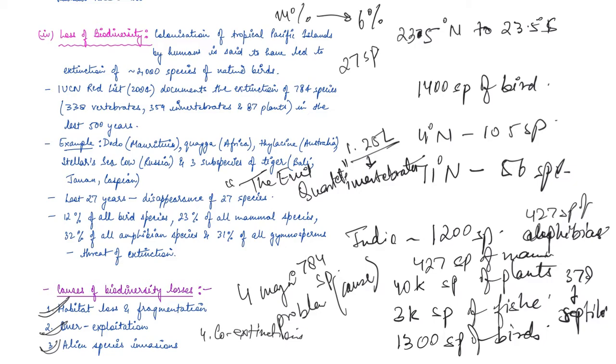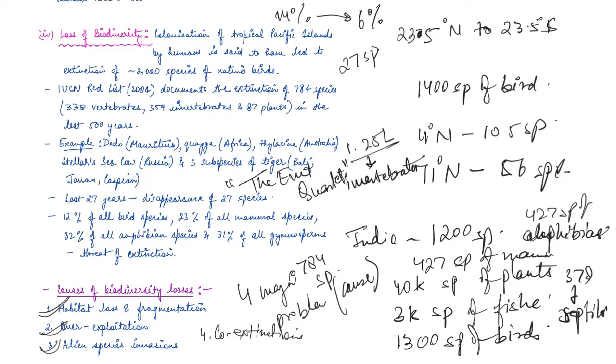So when a host fish species becomes extinct, its unique assemblage of parasites also meets the same fate. Another example is a co-evolved plant-pollinator mutualism, where extinction of one invariably leads to the extinction of the other. So, guys, this is all about the different causes of biodiversity losses.